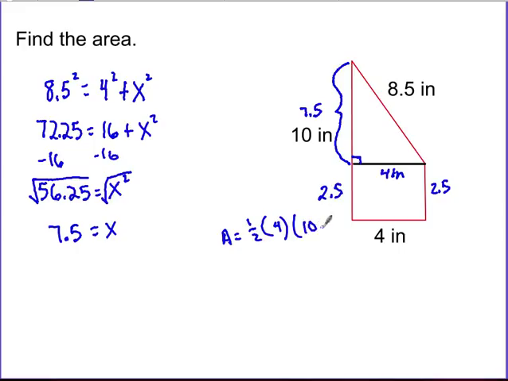So 10 plus 2.5. One half times 4 is 2. 10 plus 2.5 is 12.5. And 2 times 12.5 is 25 inches squared.